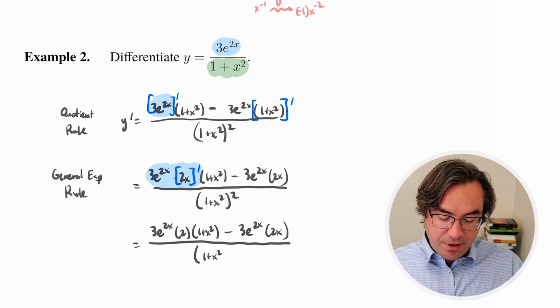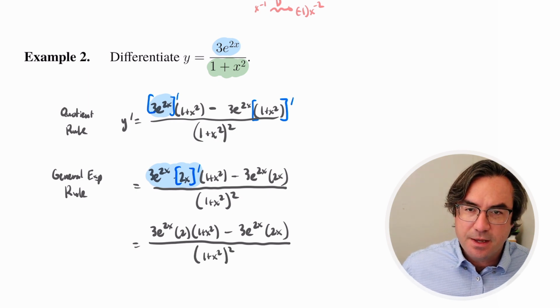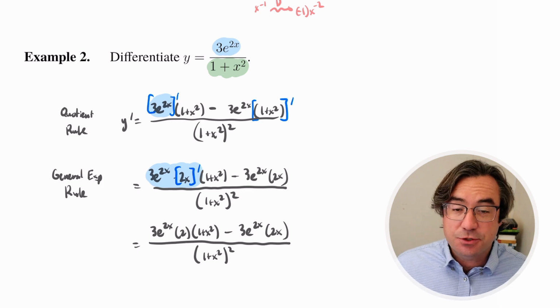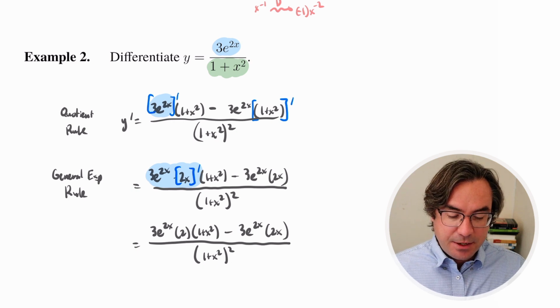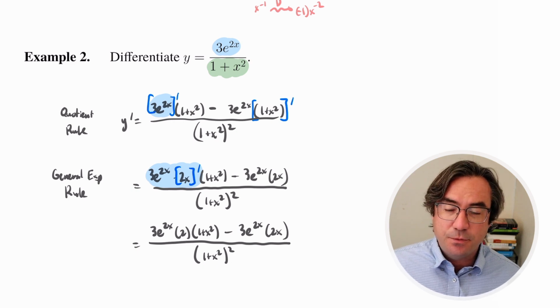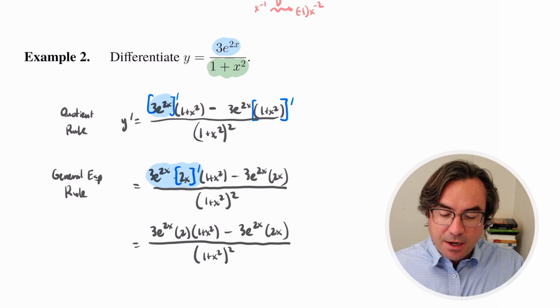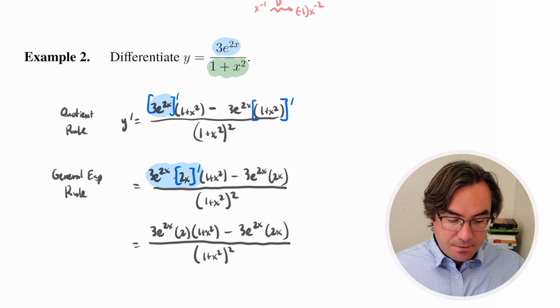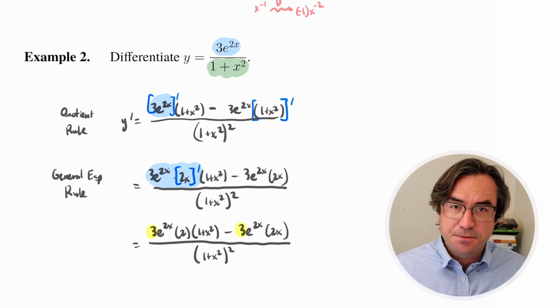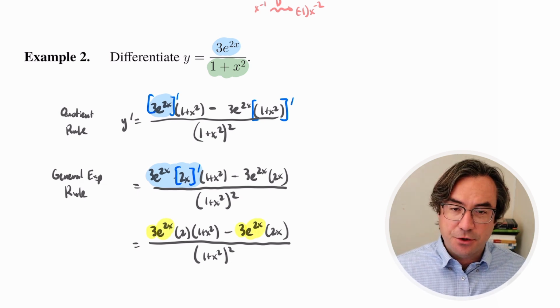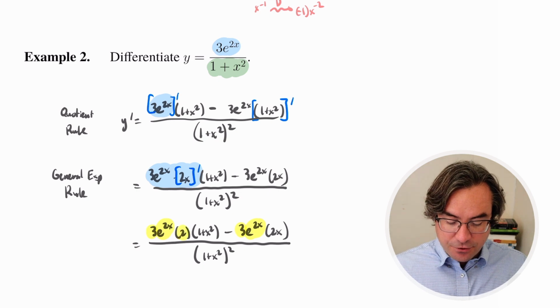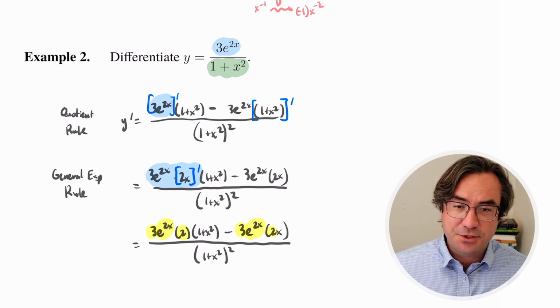Now, one thing with exponentials, sometimes we can actually kind of simplify a bit. And in this case, we can do a little bit of simplifying. We can simplify this because there's a 3 in both of the terms in our numerator. There's an e to the 2x in both of our terms. And there's a factor of 2 in both of our terms.